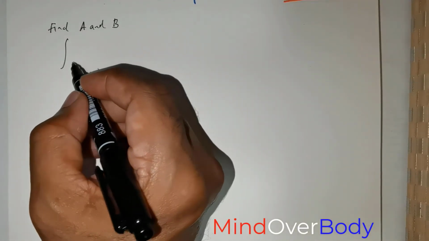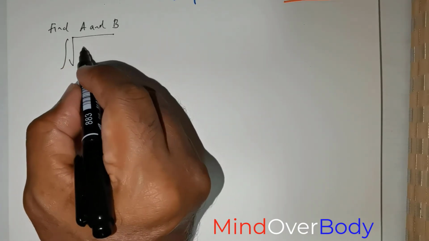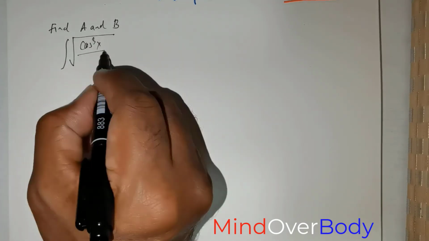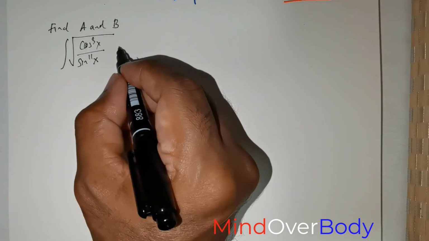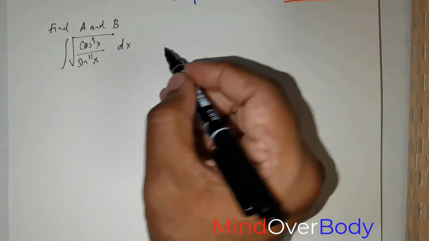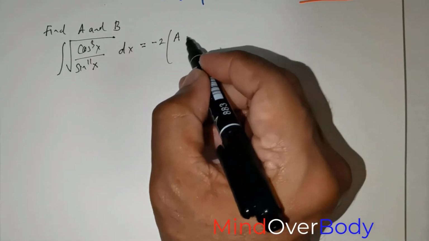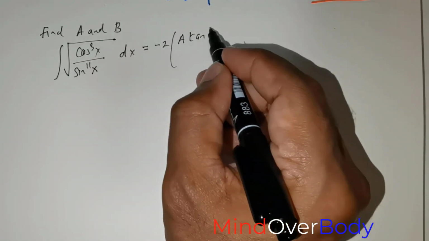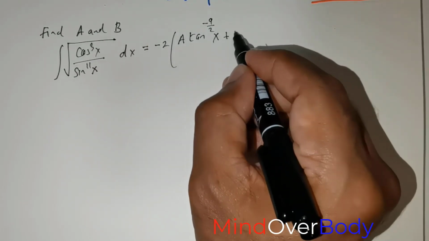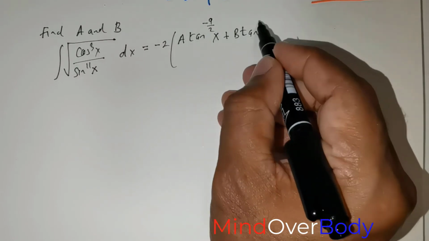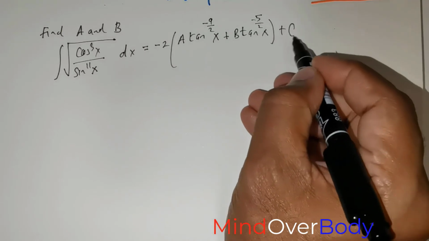We are expected to find the value of a and b given that the integral of square root of cos cubed x over sine raised to the power of 11x times dx is equal to negative 2 times a times tan raised to the power of negative 9 over 2 x plus b times tan raised to the power of negative 5 over 2 times x plus arbitrary constant c.